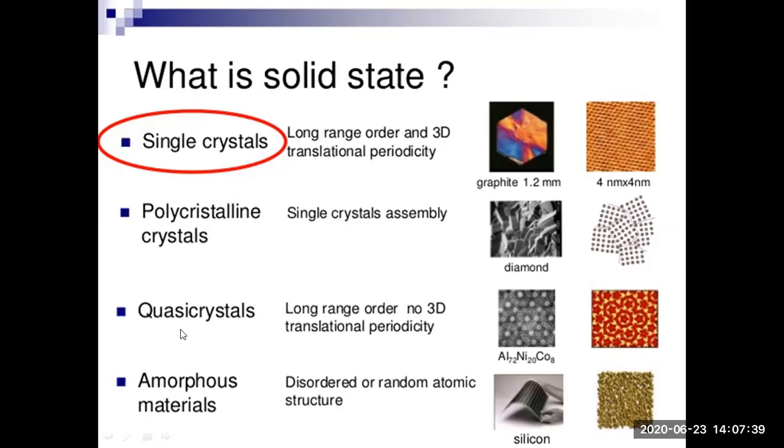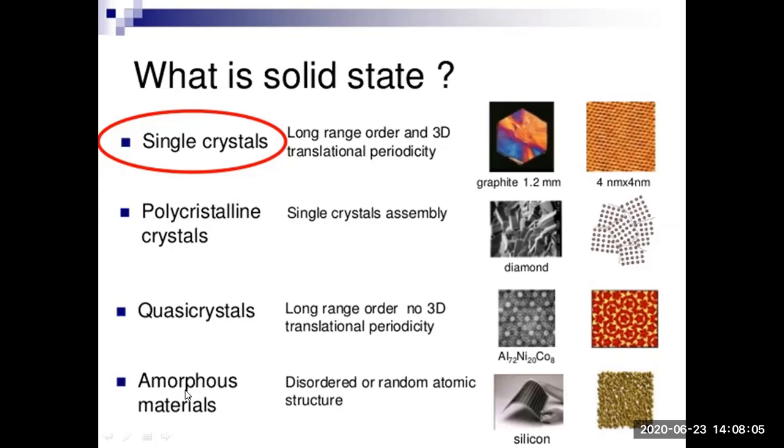The next is quasi-crystals: long-range order, no 3D translational periodicity. It is a multiple of crystals, and these have different types of structures, not of the similar type. Each and every part is composed of a different type of structure.